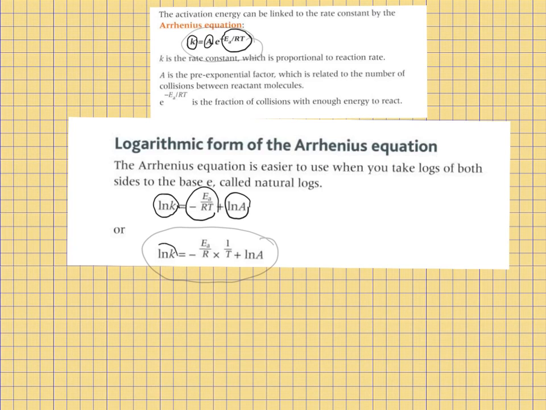Or, the natural log of the rate constant equals minus EA over R times 1 over T, plus ln A. And this then turns itself into a beautiful y equals mx plus c equation.